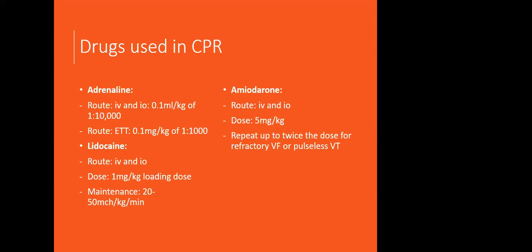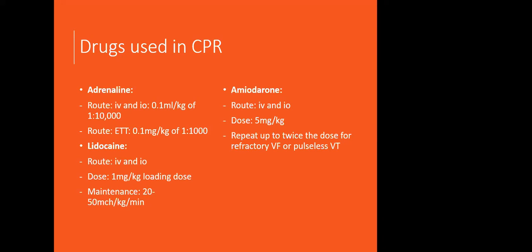Lidocaine, in cases of arrhythmias causing cardiac arrest, you can use through the intravenous or intraosseous route, and you give a loading dose of 1 milligram per kg, and you can maintain with 20 to 50 microgram per kg per minute. Amiodarone is very useful, especially in cases of SVTs and atrial fibrillation.